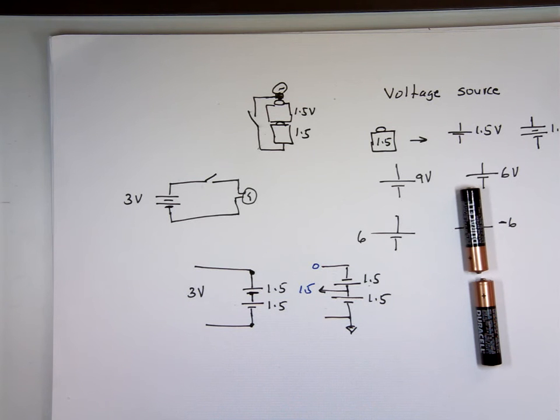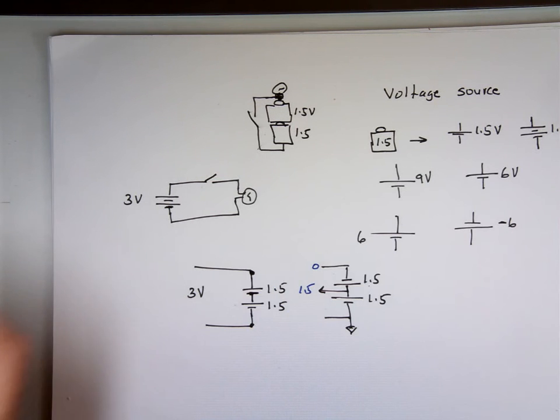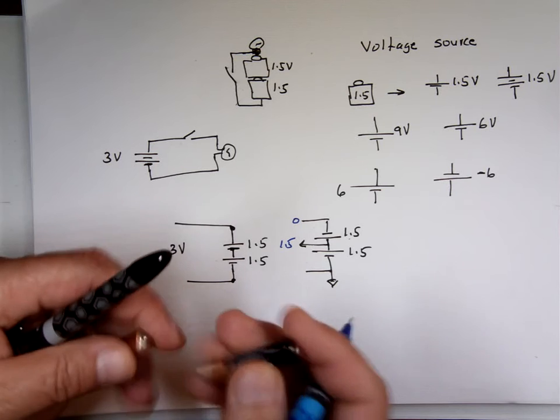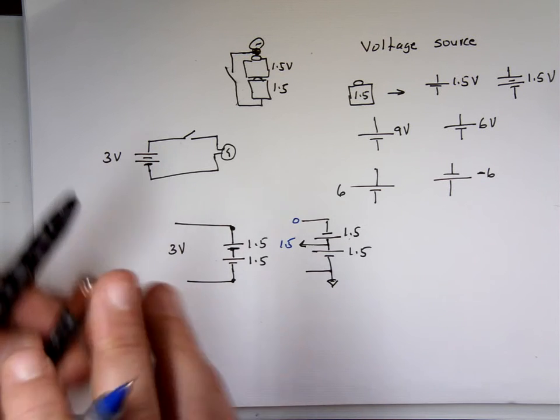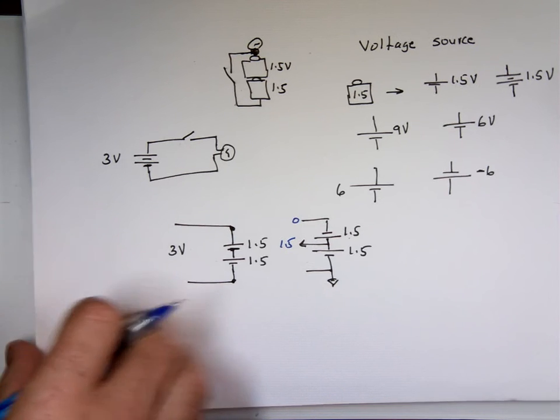So you can take voltage sources, if they point the same direction, add them and make one value equal to either the sum or the difference of them. Now, when you connect things like this, we'll talk about this, that's called connected in series, the way you see these two. I'll add that to the list here.